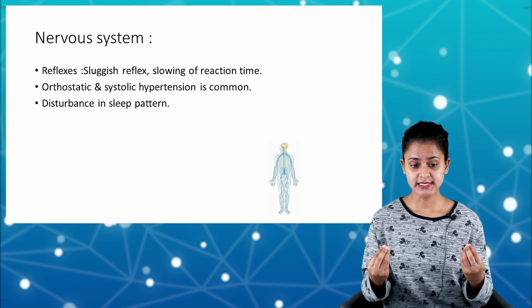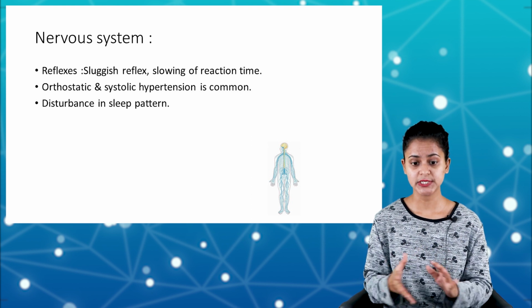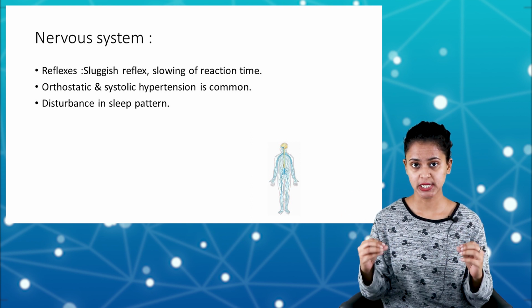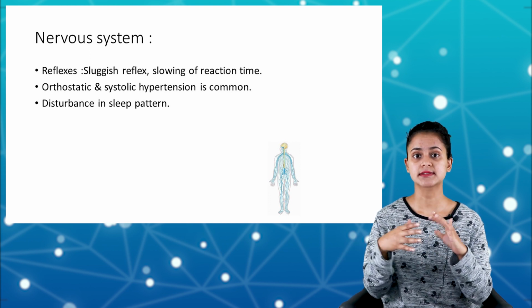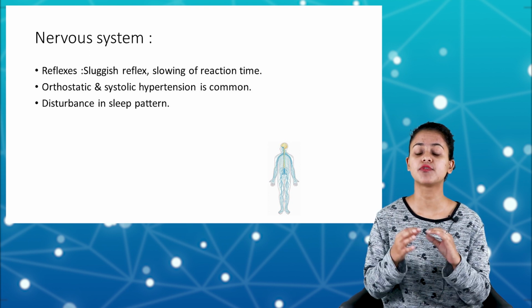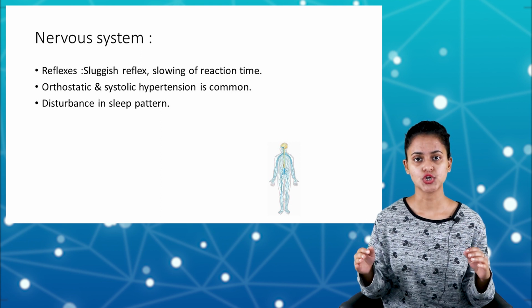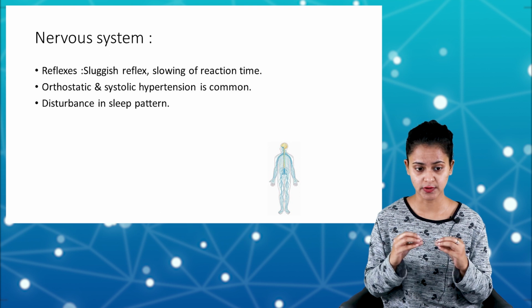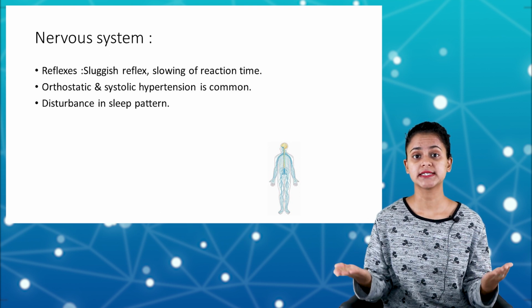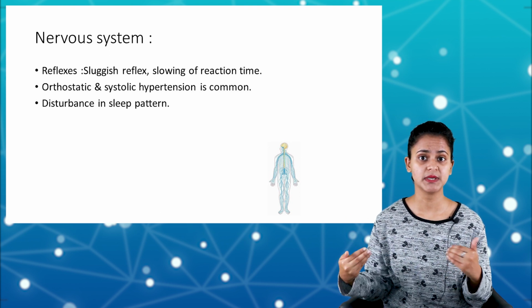The reflexes will be sluggish, and there will be slowing of the reaction time with the aging process. Orthostatic and systolic hypertension will be very commonly found among individuals with old age because of the activity of the nervous system. There will definitely be disturbance even in the sleeping pattern.